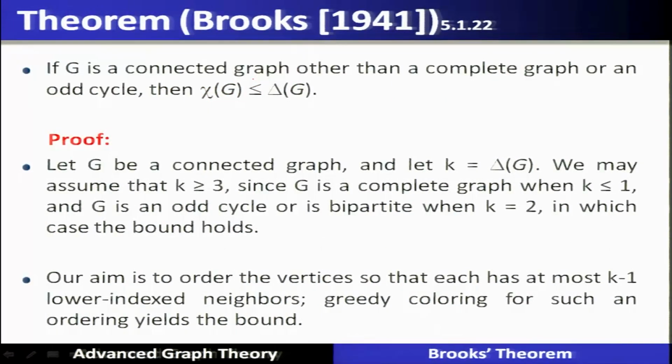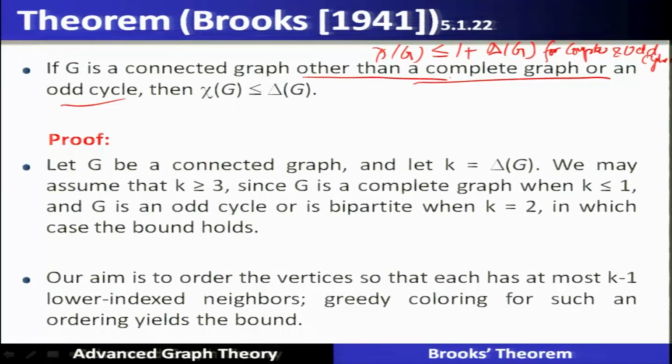The Brooks theorem, given in 1941, is stated as follows. If G is a connected graph other than a complete graph or an odd cycle, then chi of G is less than or equal to the maximum degree of the graph. For complete graphs and odd cycles, chi of G is 1 plus the maximum degree.